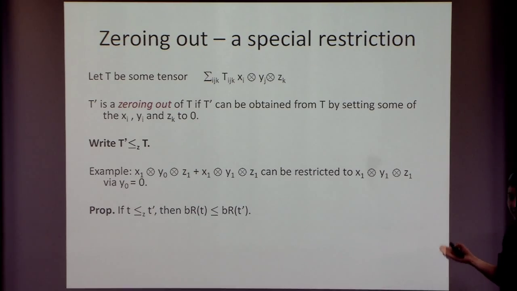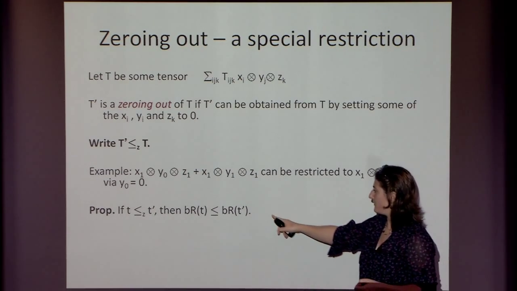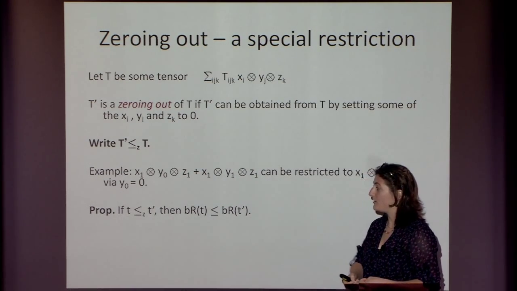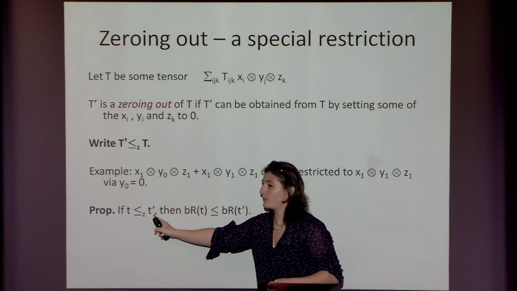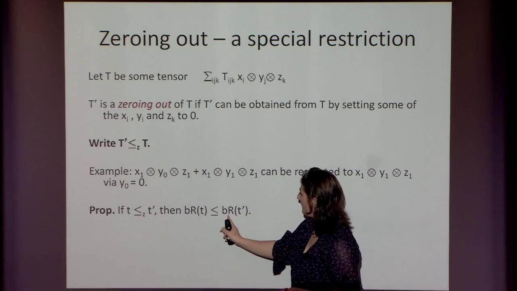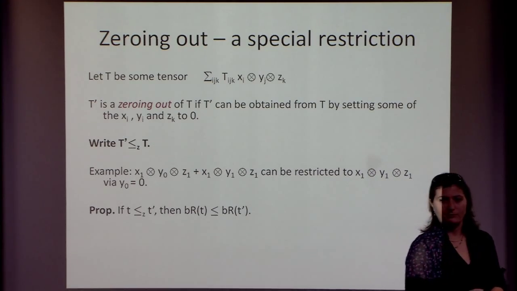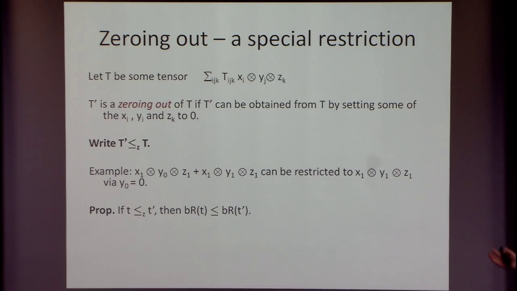And again, because it is a special restriction, we have this easy proposition that if you restrict t prime to t, then the border rank of t is at most the border rank of t prime. And we can apply Schoenhage's theorem using a zeroing out of some tensor whose border rank we do understand.